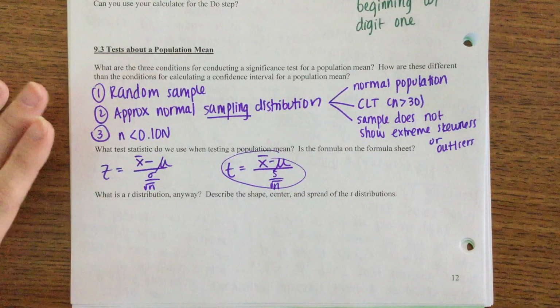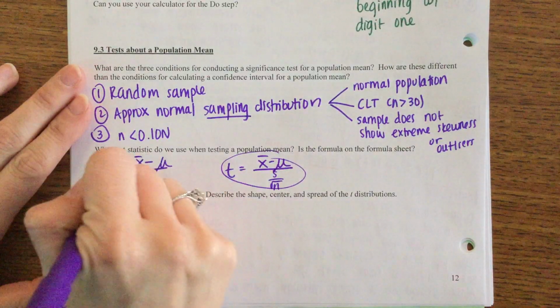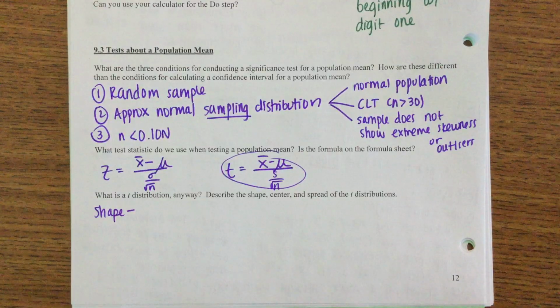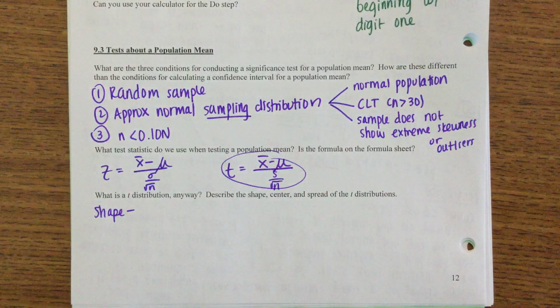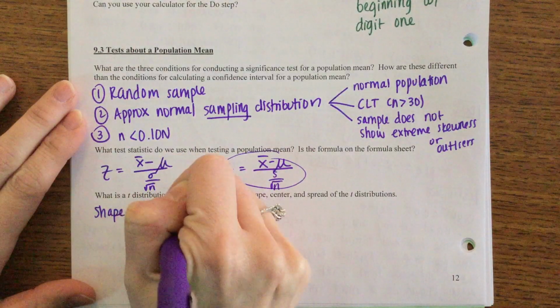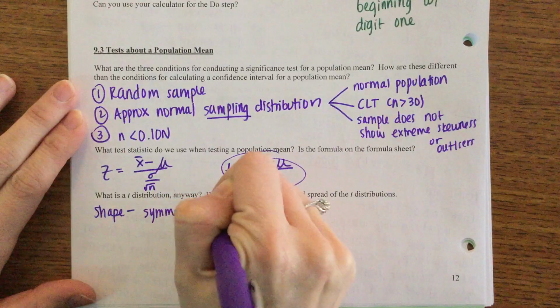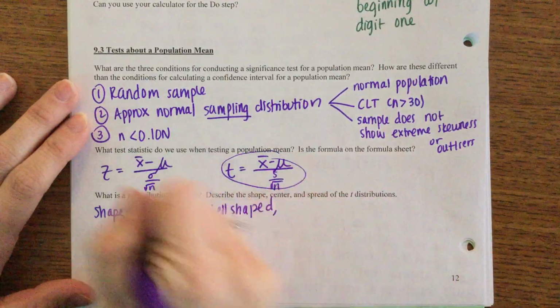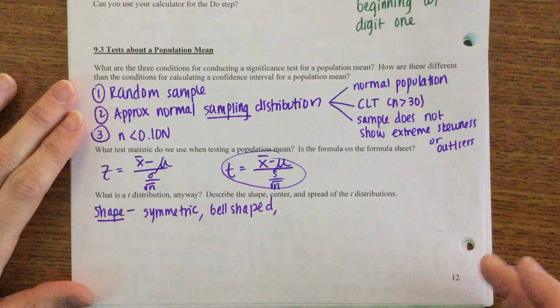Okay, what is the T distribution? We've kind of talked about this already. What is the shape of a T distribution? It can't be the same as normal, right? Because then why are there 2 different distributions? Bell-shaped. Yeah, so it's symmetric. And then here's the difference between T versus normal.